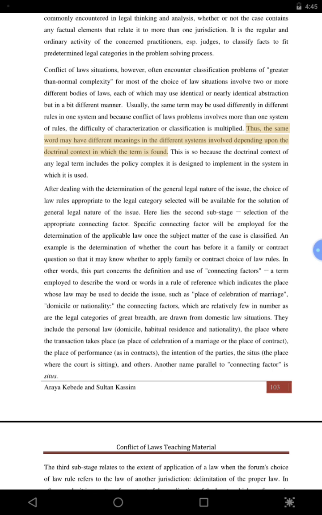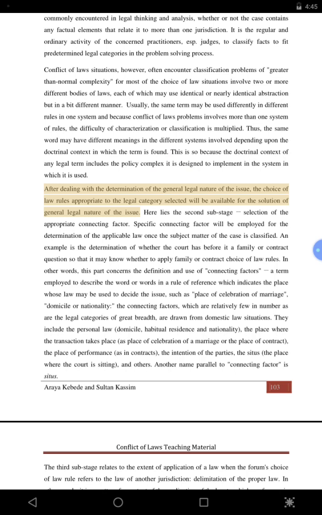Thus, the same word may have different meanings in the different systems involved depending upon the doctrinal context in which the term is found. This is so because the doctrinal context of any legal term includes the policy complex it is designed to implement in the system in which it is used.